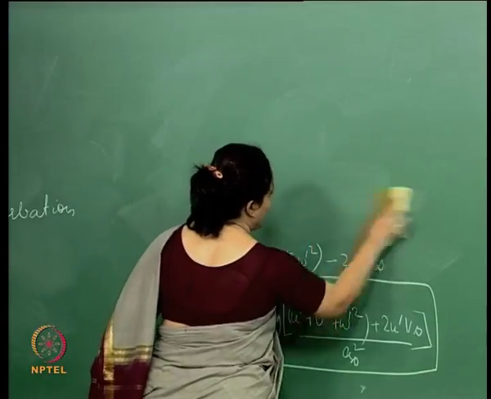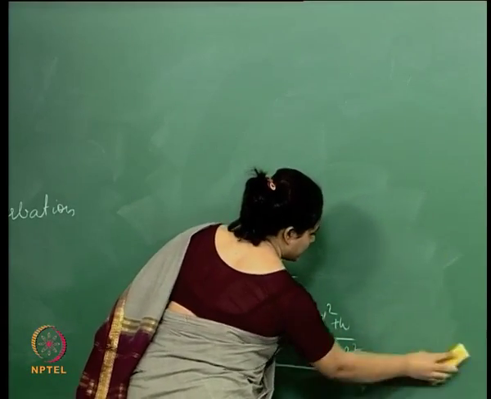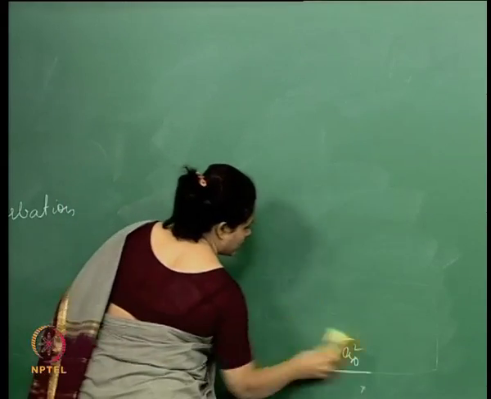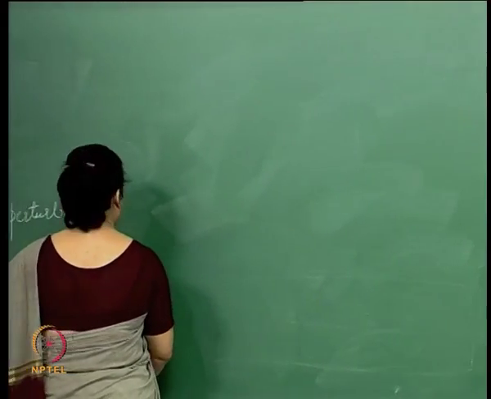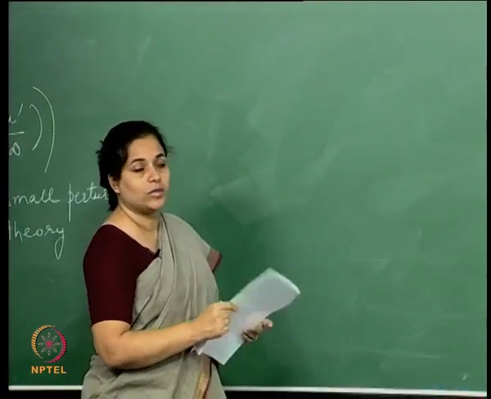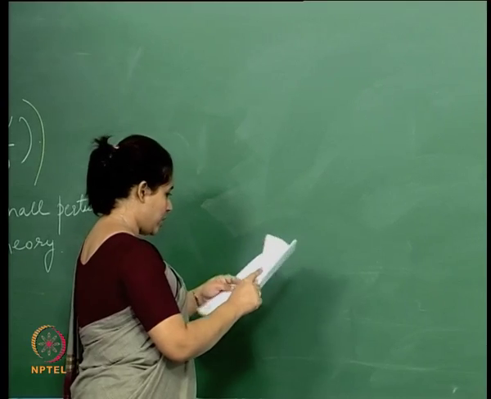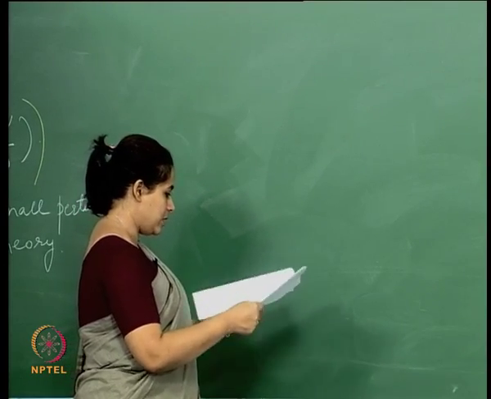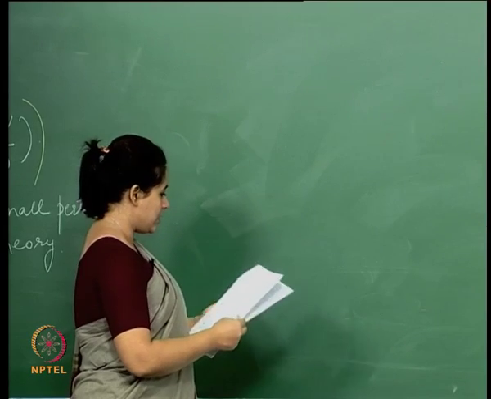Okay, now since we have an expression for the velocity potential, let us plot that over the wavy wall and see what we get. Okay, so what did we get for phi p? Let us see.